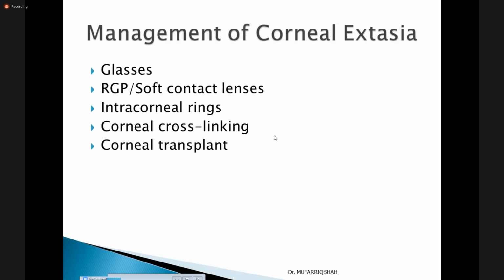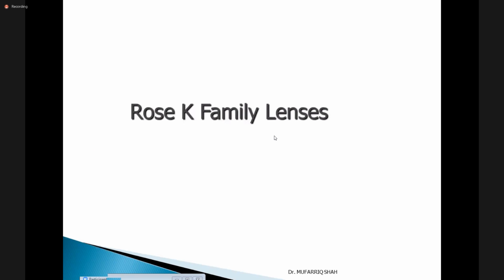If glasses don't work, we go for RGP or soft contact lenses, and intracorneal ring, corneal cross-linking, and corneal transplant. Intracorneal rings are for management, but corneal cross-linking is just to stop or retard the progression of the keratoconus. It has no role in improving visual acuity.